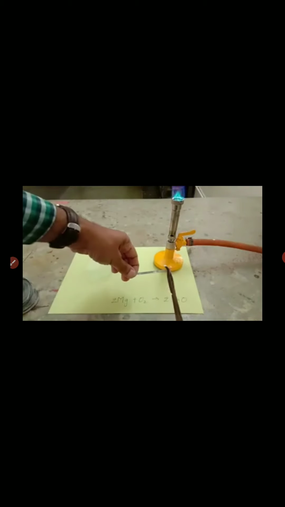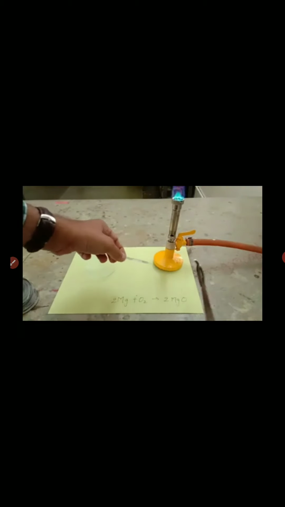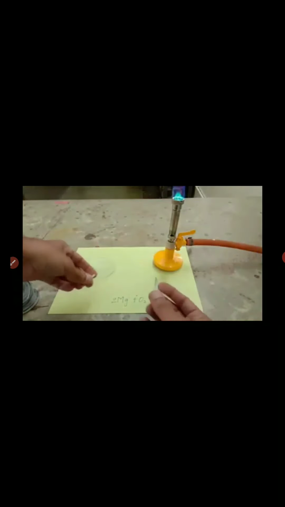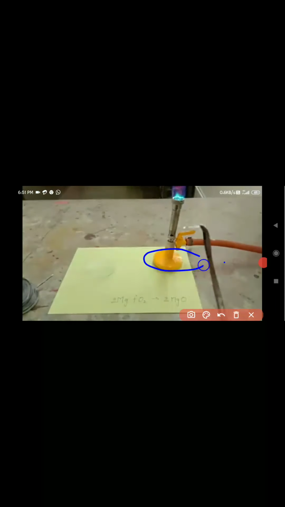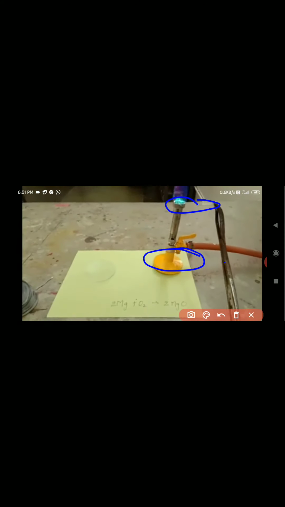When magnesium ribbon is heated, look here what happens. So this is the magnesium ribbon. I am taking a magnesium ribbon in my hand. Look here, this magnesium ribbon, I am heating it. When I heat, I get a dazzling flame, in the sense, the magnesium ribbon is burning vigorously.